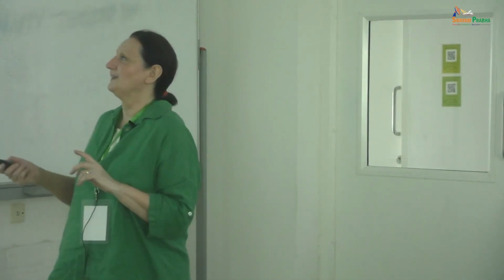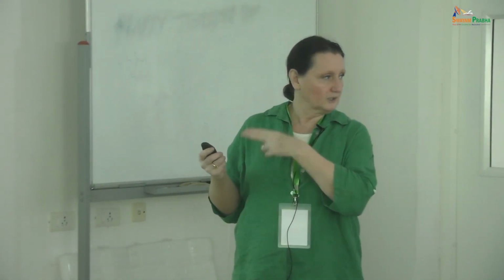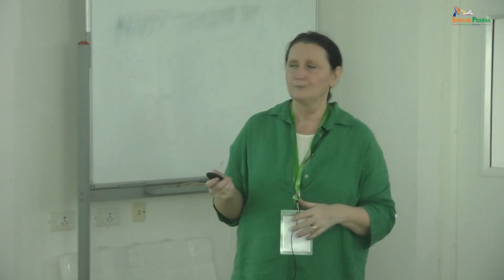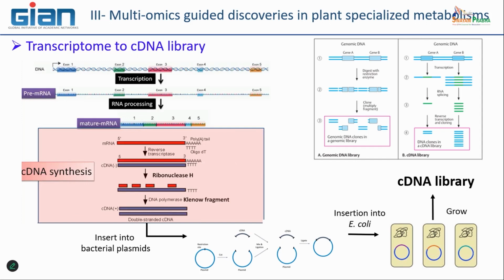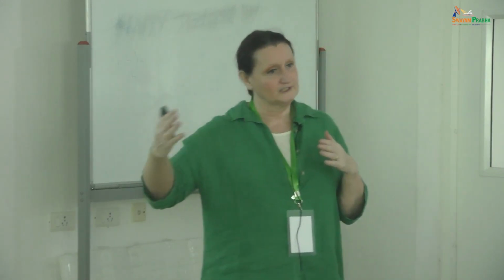Okay, I will be more clear. For example, if you take some genomes, you cut the genome in different ways, enzymatic for example, and you have a library that represents the number of genes you have in the genome. But when you have a transcriptome, as I said before, it's at a particular moment, meaning that not all the genes are present in the transcriptome.